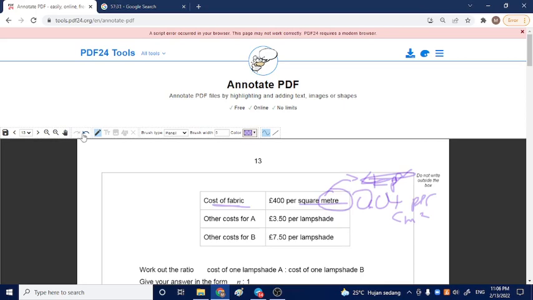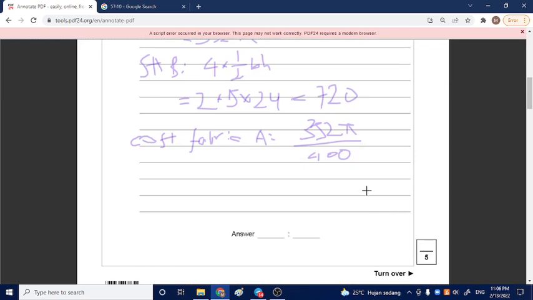Oh my god. Yeah, so this one is 0.04 per centimeter squared. Hence, this should be multiplied by 0.04.